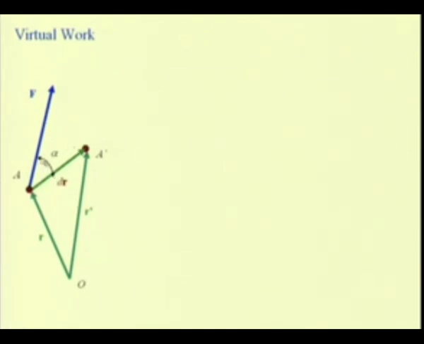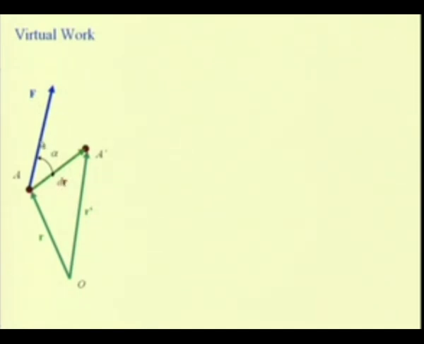Let alpha be the angle between this force vector and the displacement vector dr. So, we define work done by this force in this interval of time in displacing this particle from A to A prime as the dot product of these two vectors, that is the force vector and the displacement vector dr.